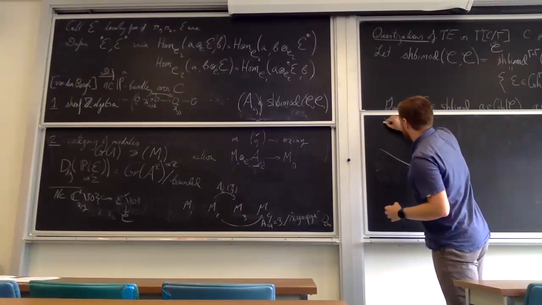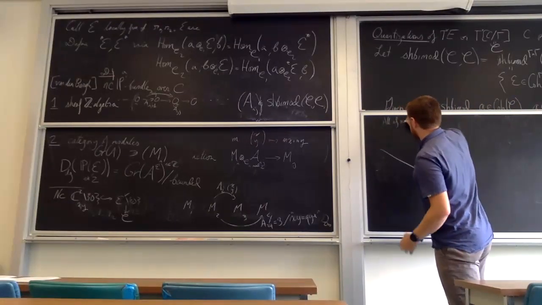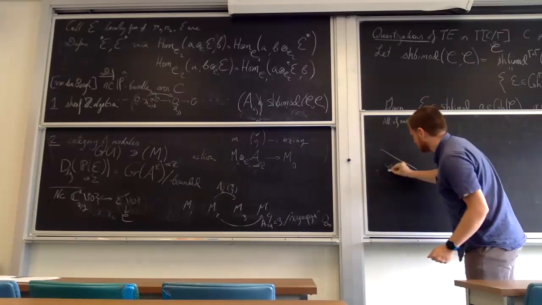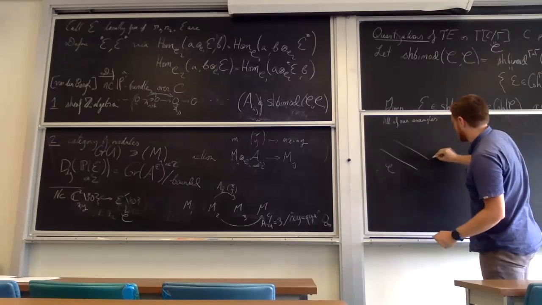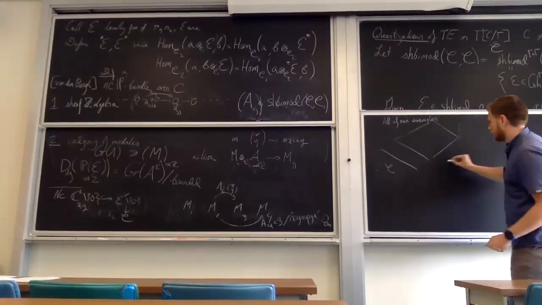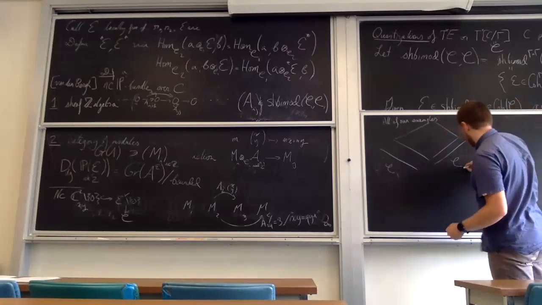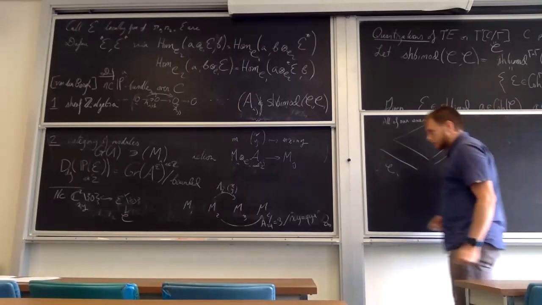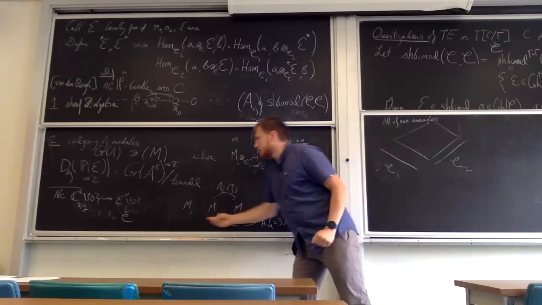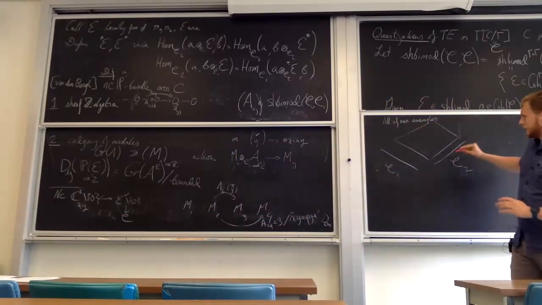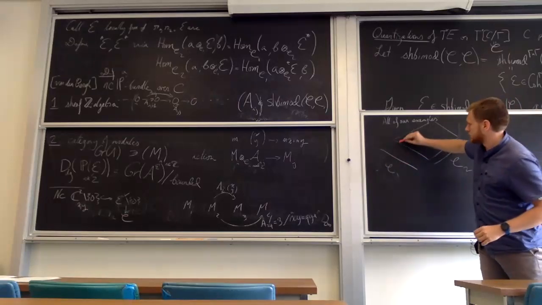So all of our examples. Here we have C. Here we have our same C, which we can think of as C1 and C2. And for us, we're going to restrict entirely to not difference operators, but differential operators.